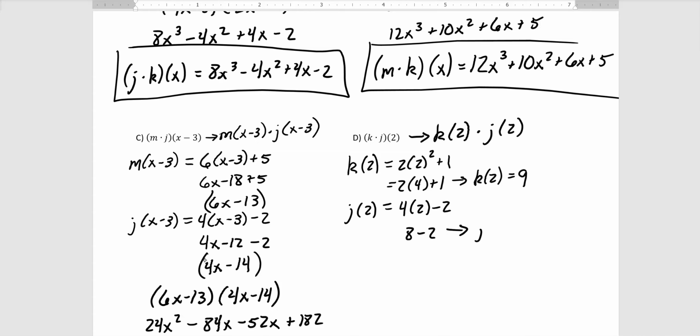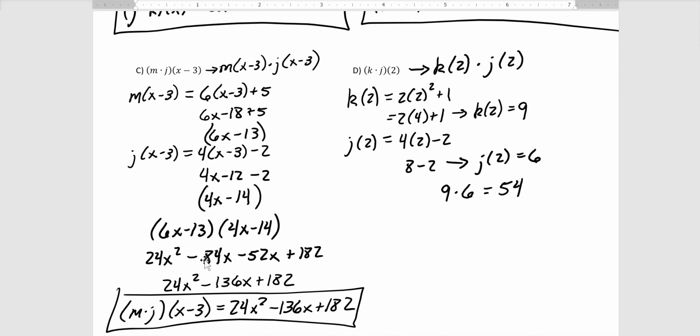So that tells me that j of 2 is 6. So k of 2 times j of 2 is just 9 times 6, which equals 54. So I can say that k times j of 2 equals 54.